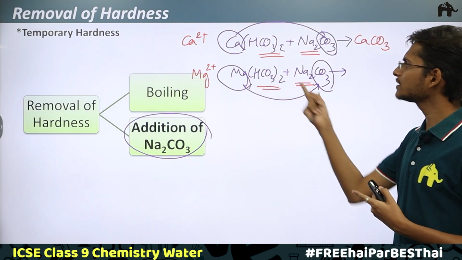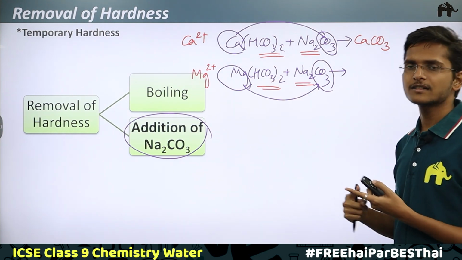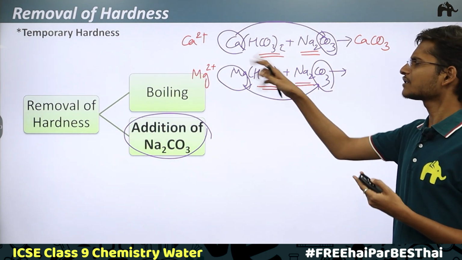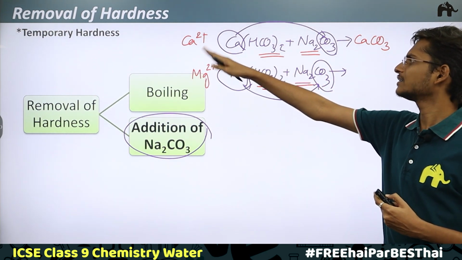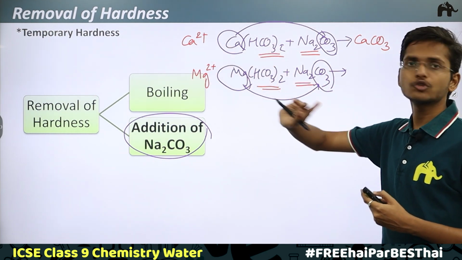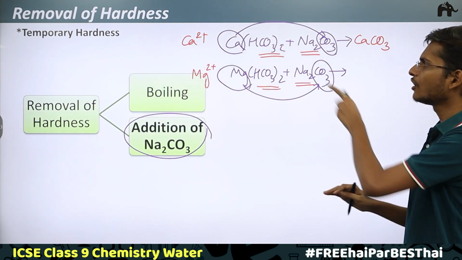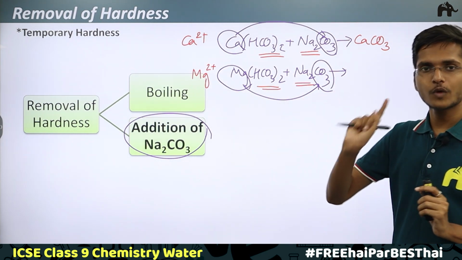If you decode this with the knowledge of radicals and the crisscross method, you can figure out that in this compound calcium has 2 plus charge and magnesium has 2 plus charge. These things we have studied in chapter number 1.